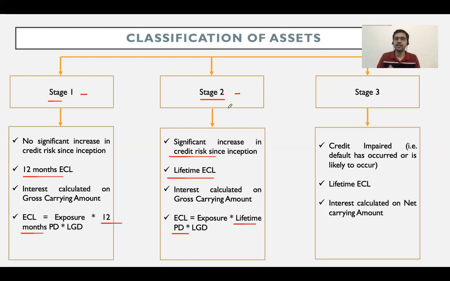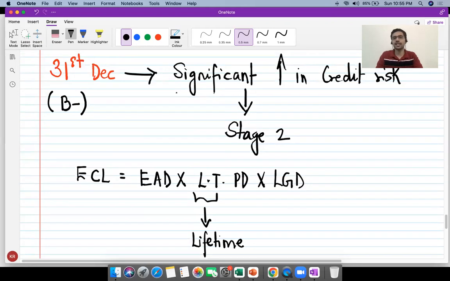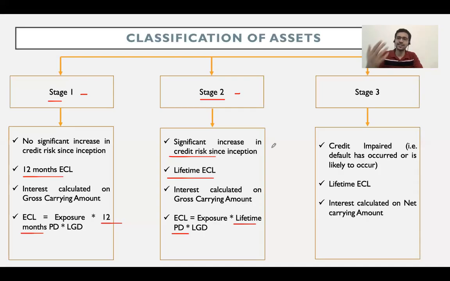But if I believe that there is now a chance that Mr. X will default, if on a reporting date, let us say after 31st of December, I had the next reporting date of 31st of March 2023. All right, 31st of December 2022, I classified him as a stage 2 exposure. 31st March 2023, I now believe that maybe there is a likelihood that default may occur, or let us say a default has already occurred.